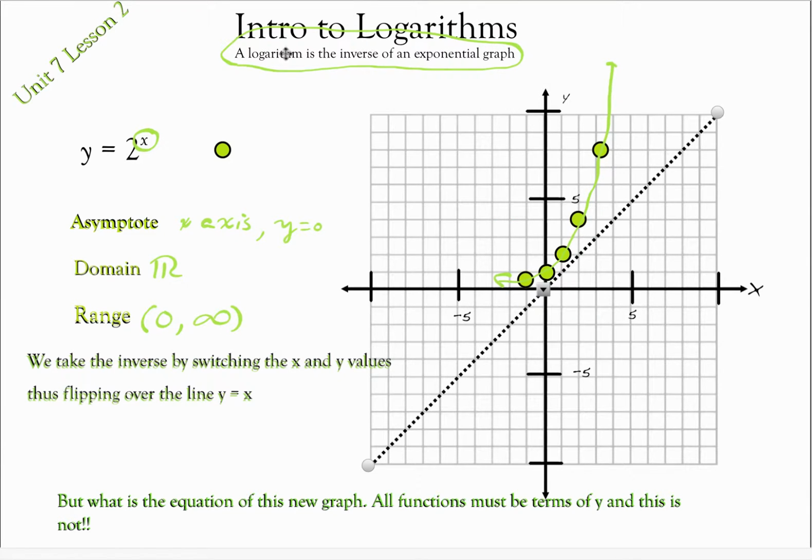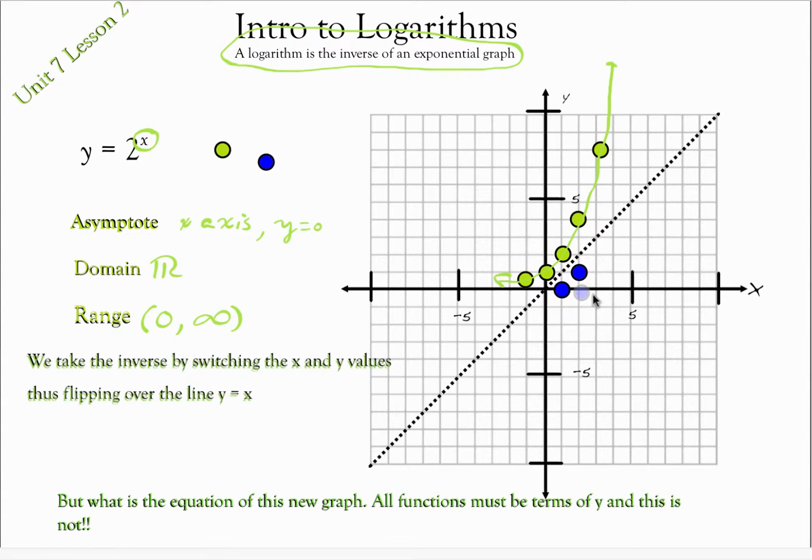And if we were to flip over this line, these points, remember, instead of the point being 0, 1, we switch x and y, so it would be 1, 0. And instead of this point being 1, 2, it becomes 2, 1.